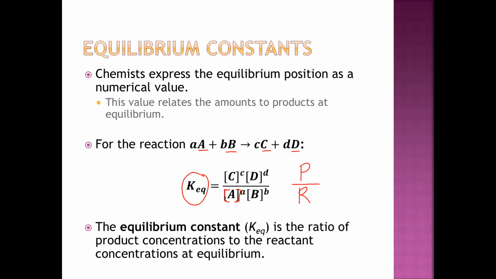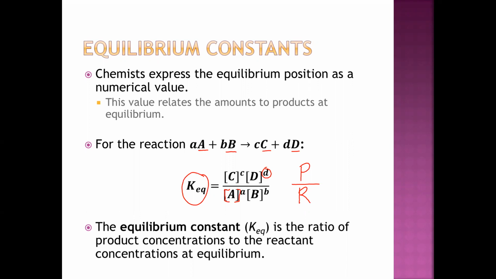So the lowercase letters are the coefficients, and how you include them is those become the exponents or the powers, whatever they are. So it really only matters if it's not a 1 for a coefficient, then you plug it in, okay? So this is just a ratio.